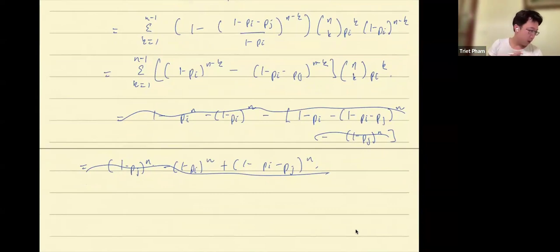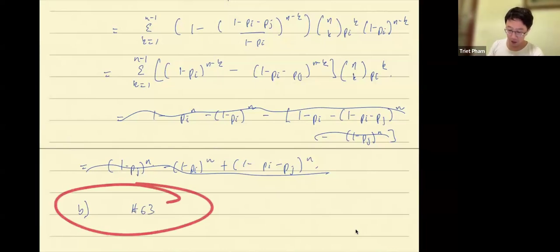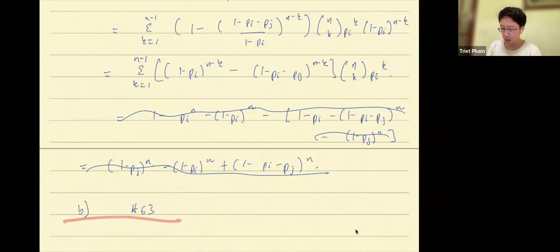So we have part B left, and we also have number 63 to go over, and we have 3 more minutes. So you know what? I think let's leave these two for next time.